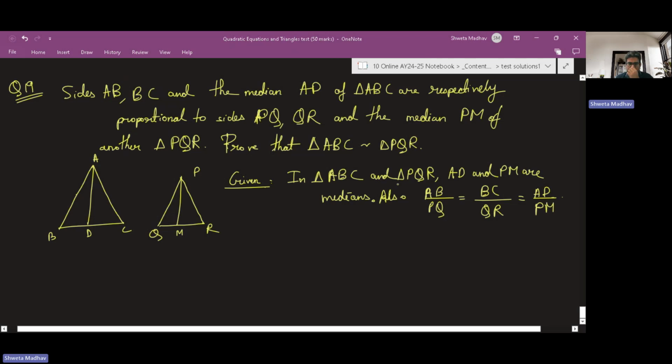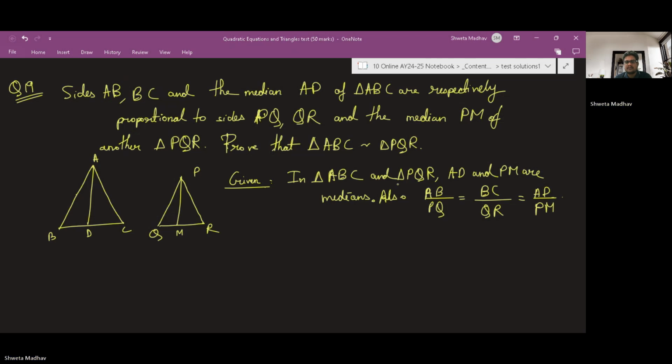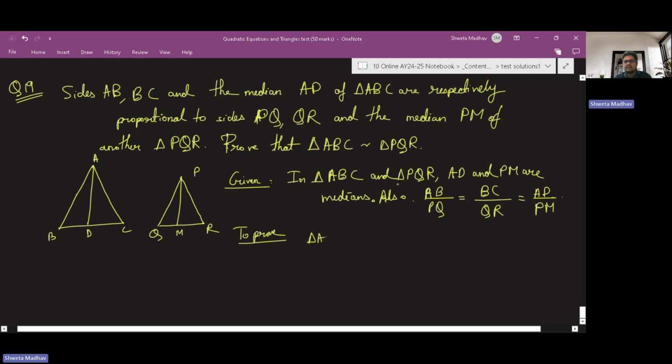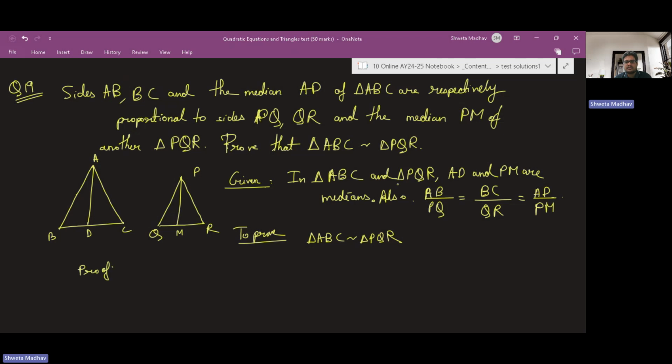This is given, since it is given that AB, BC and AD are proportional to PQ, QR and PM. So then we have to prove that triangle ABC is similar to triangle PQR. So how to prove it? We have to prove it like this.